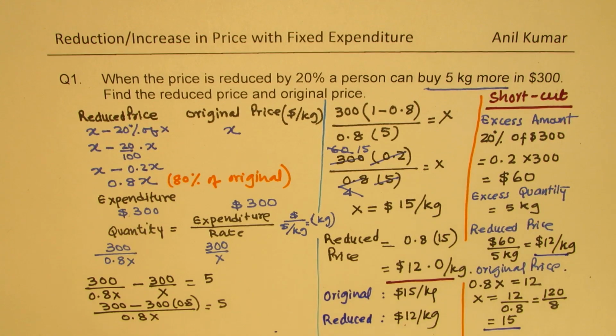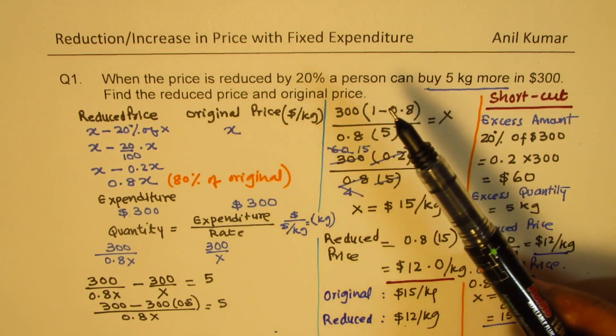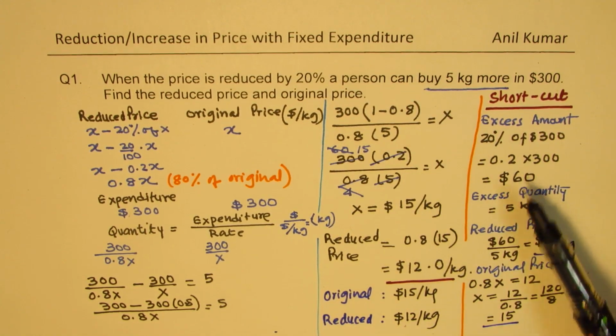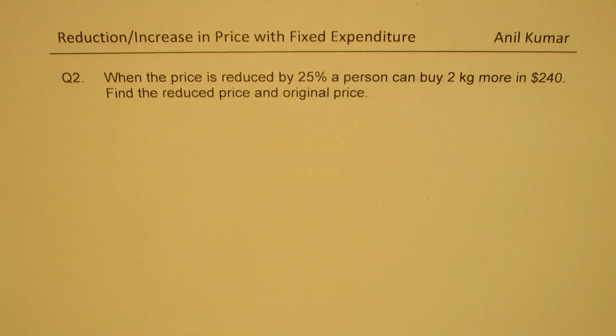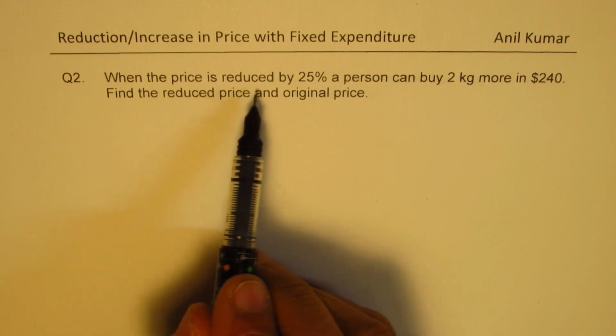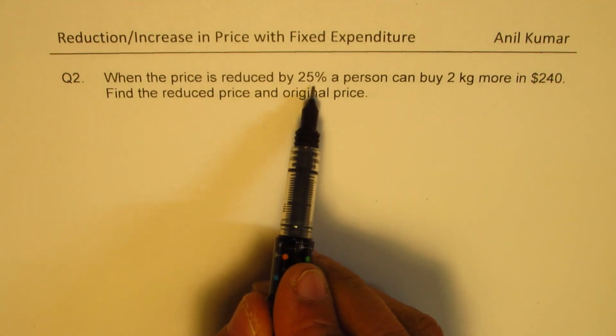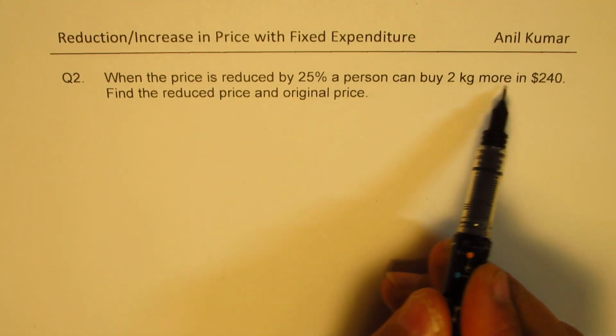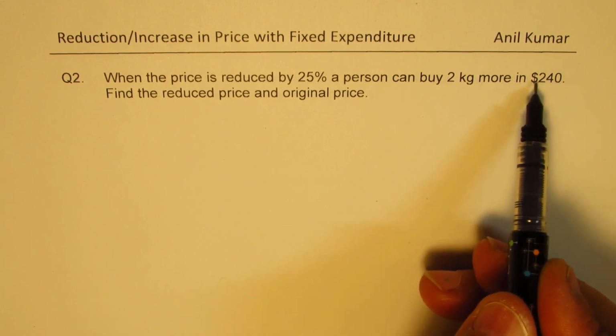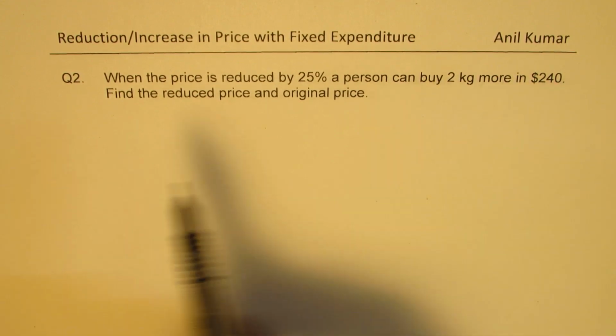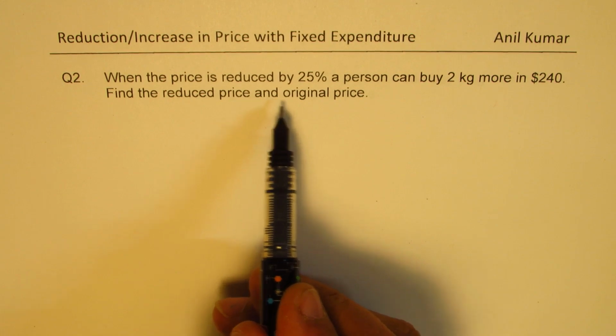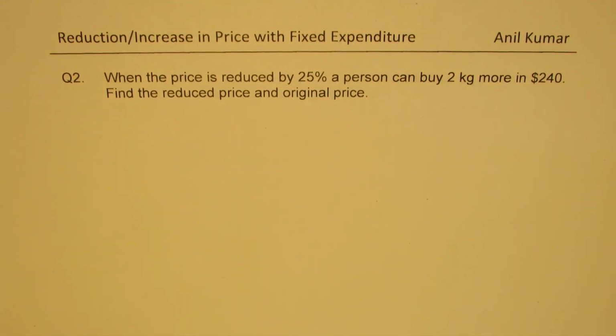Now keeping this in mind, let us solve 2 more questions based on this particular concept. So here we go. When the price is reduced by 25%, a person can buy 2 kg more in $240. Find the reduced price and the original price. Correct?